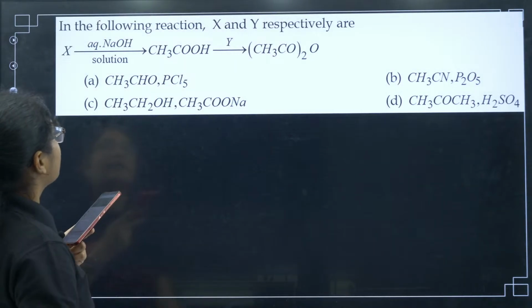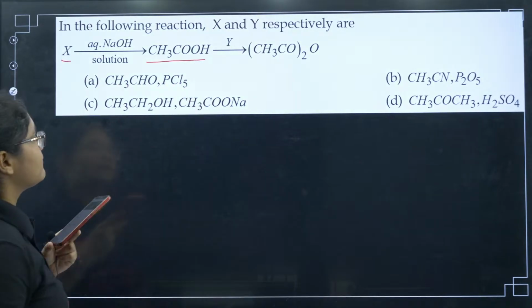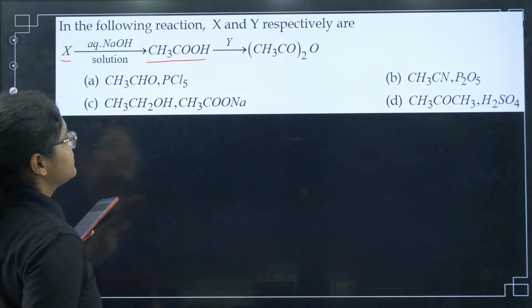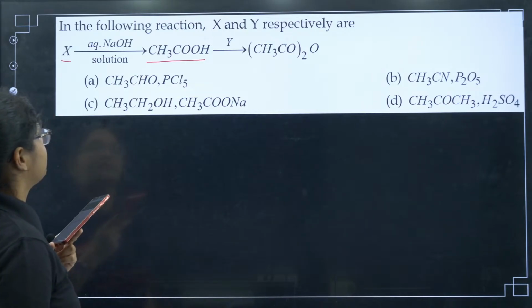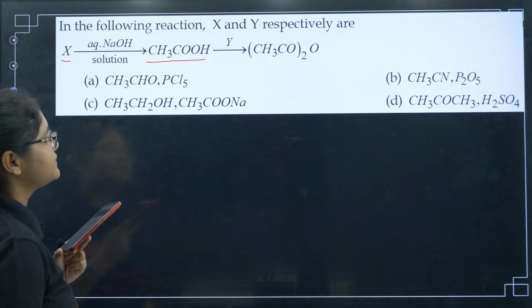Next one here. Can you answer this one quickly? X is treated with something to give CH3COOH, then with Y it gives (CH3CO)2O. X and Y respectively are?